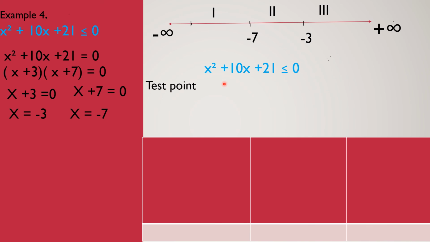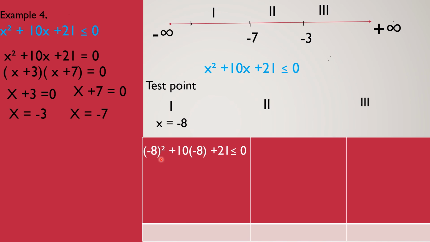So let's do the test point now. Let's have the first, second, and third part here. We can choose any integer from negative 7 going to negative infinity. Let's choose negative 8. And then you're just going to substitute that negative 8 for x here and here.